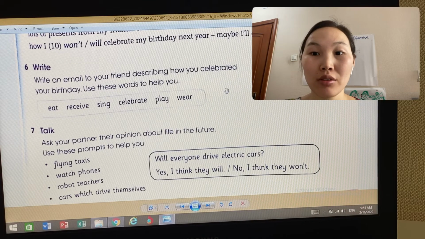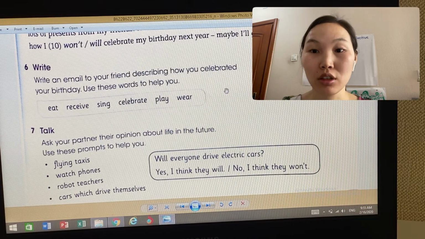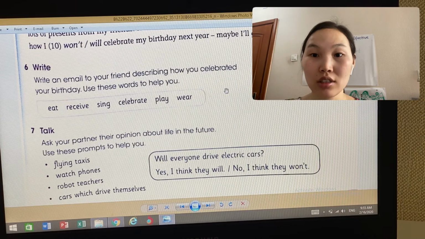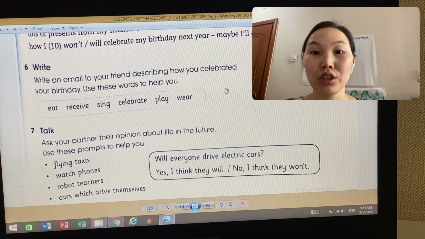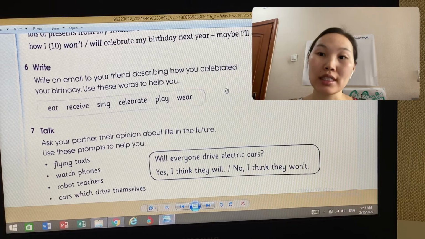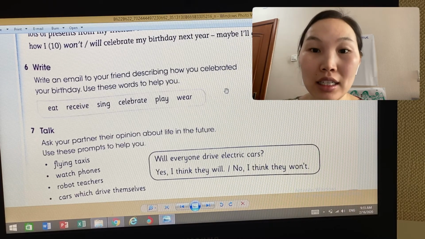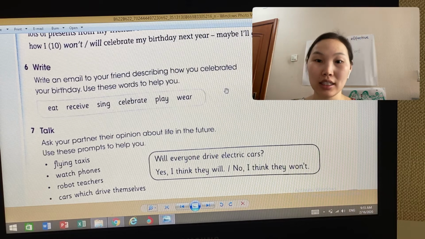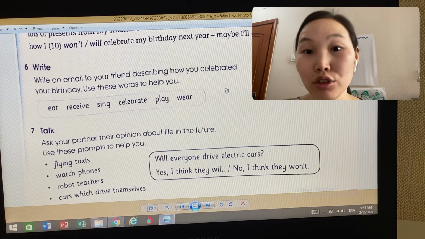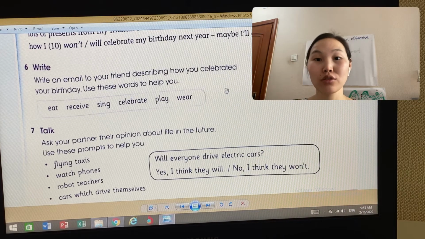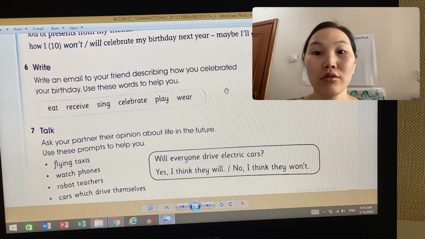If you don't have a partner, you don't have to make this conversation. Just talk about the things that you think will exist in the future, like flying taxis. Do you think people will take flying taxis in the future, or watch phones, robot teachers?